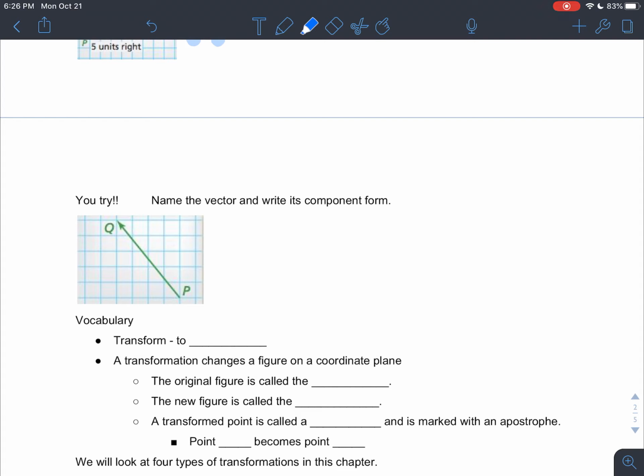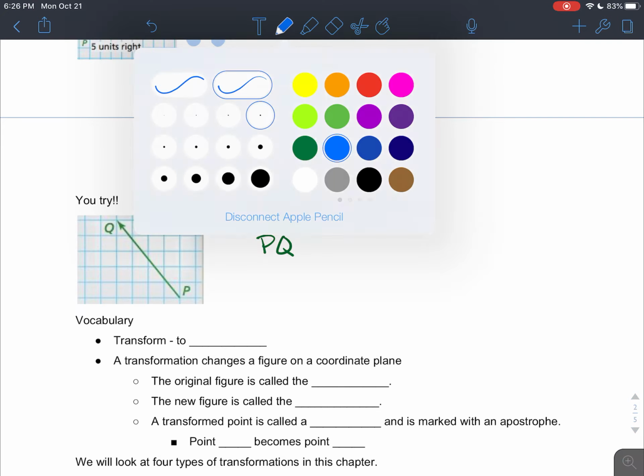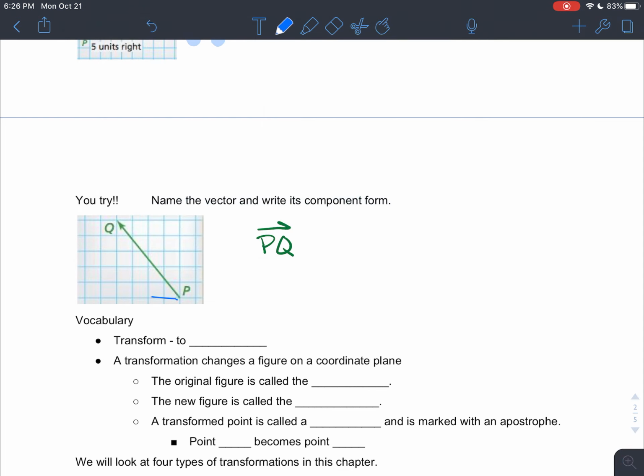So this vector, the arrow says that it starts at P and goes towards Q. So the name of this vector is PQ, and you use this one-sided arrow on top. So vector PQ. And to get from P to Q, you're going to go left 4, so that's -4, and up 1, 2, 3, up 5.